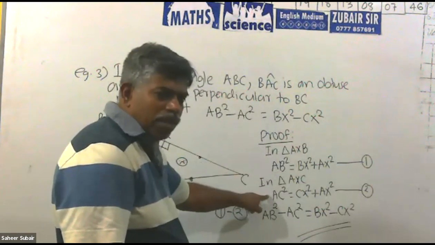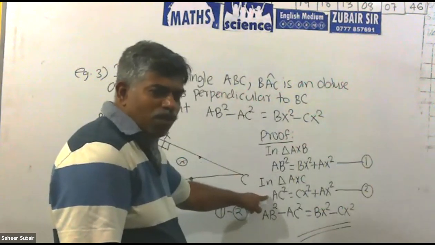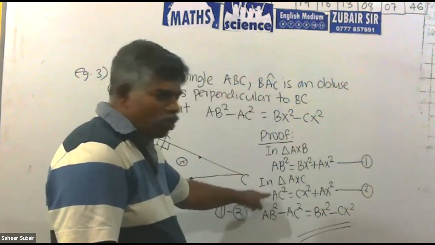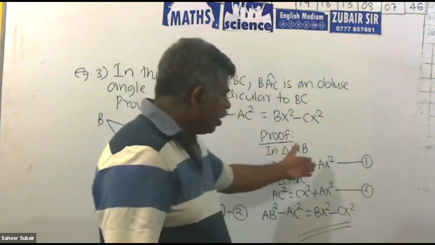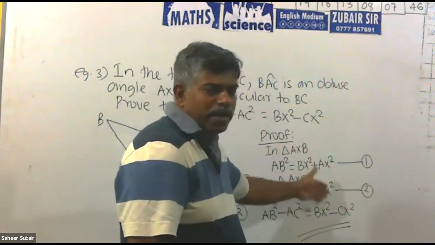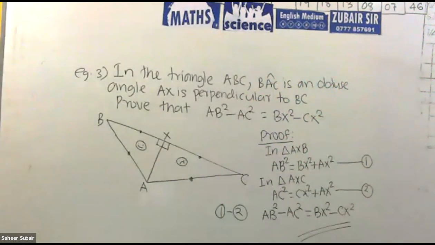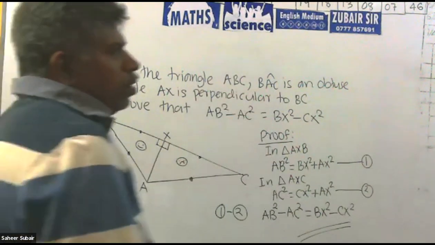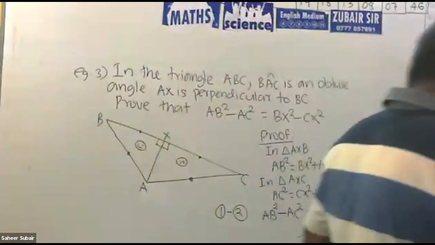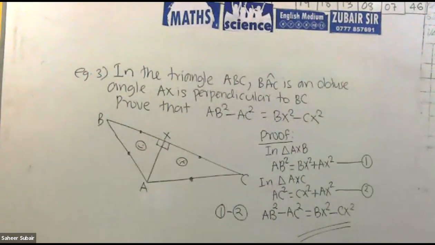AC squared is here. If you subtract one from the other, we get the answer. So we are subtracting and automatically the unwanted side AX gets cancelled. So you have to mark the wanted sides and connect those sides by our Pythagoras theorem.